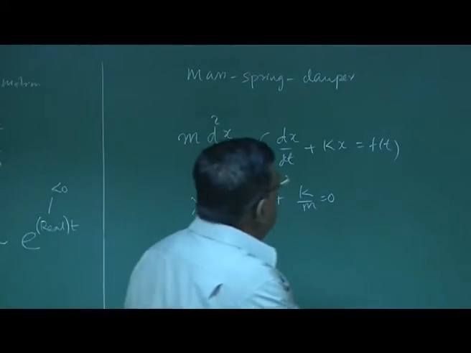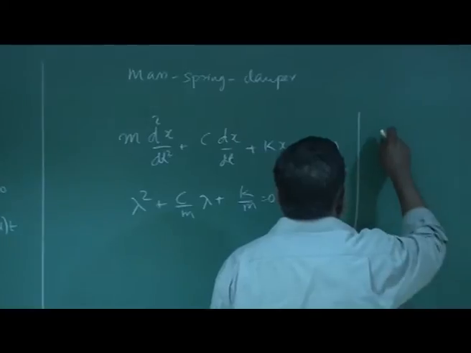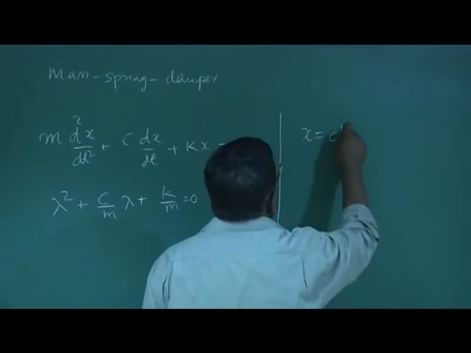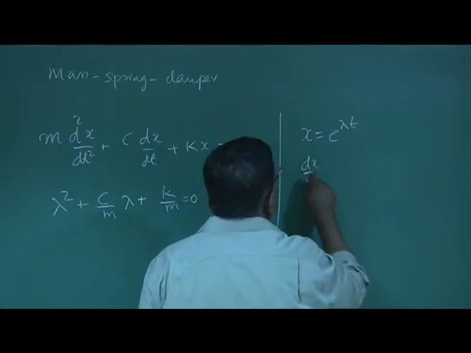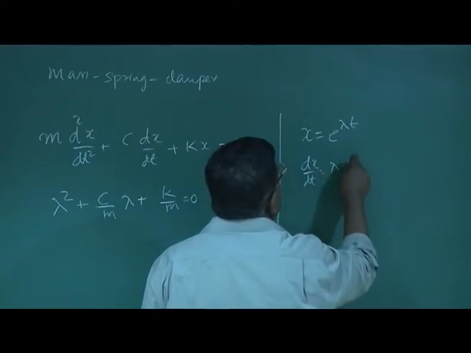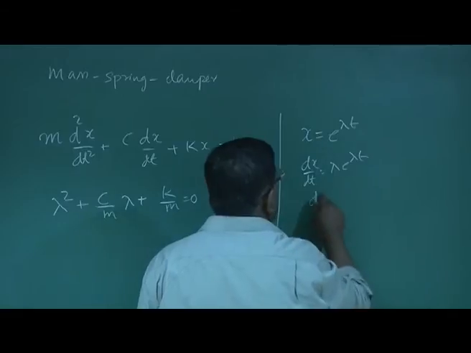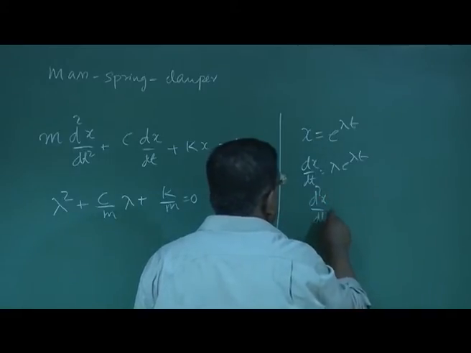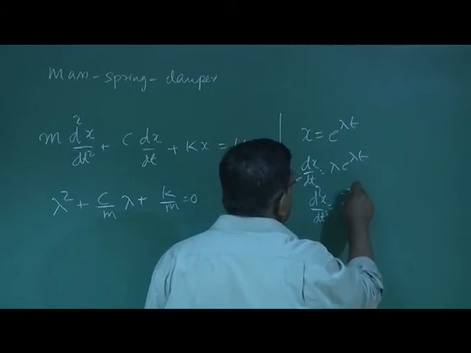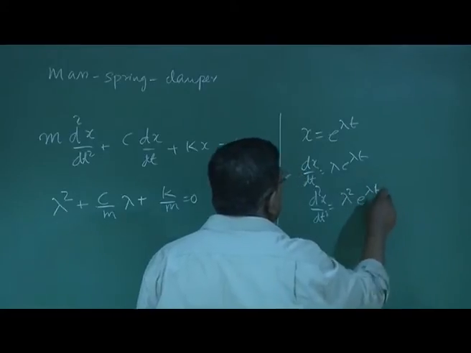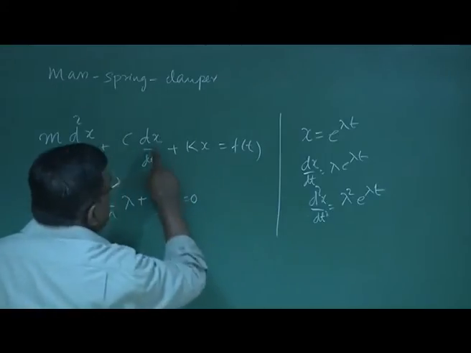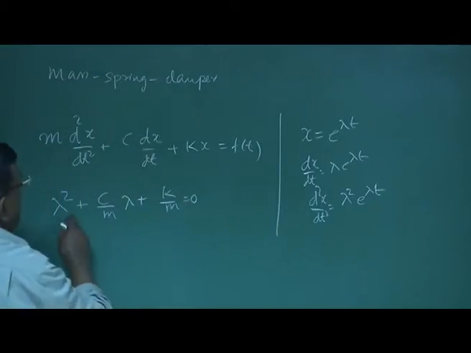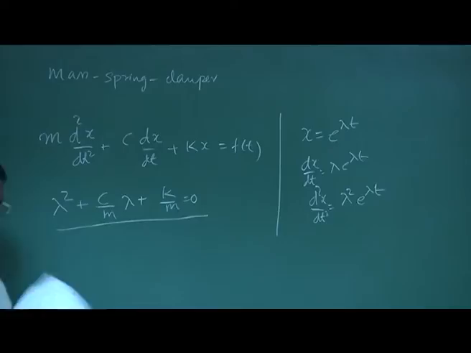Those who are not immediately in touch, we find it by putting e to the power lambda t. So dx by dt will be lambda e to the power lambda t, and d square x by dt square will be lambda square e to the power lambda t. You substitute these, take the common factor, and then you get the characteristic equation.